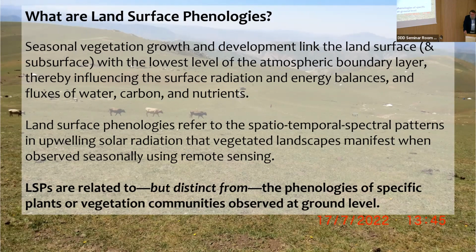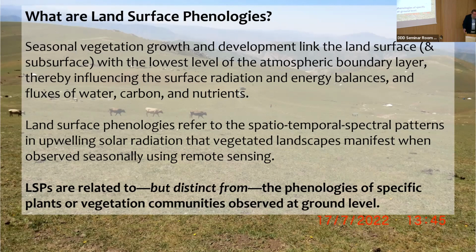And it's important to distinguish land surface phenologies from ground observations of plant phenologies or crop phenologies, where you have organismal changes that are being identified by their typically structural changes.